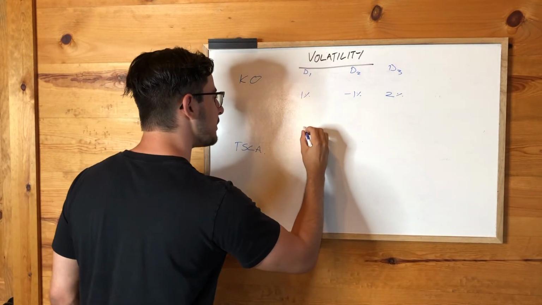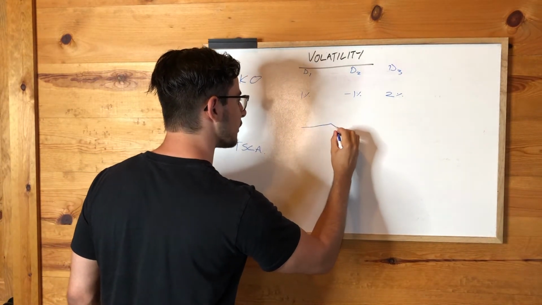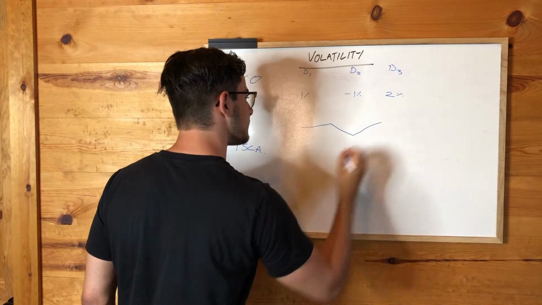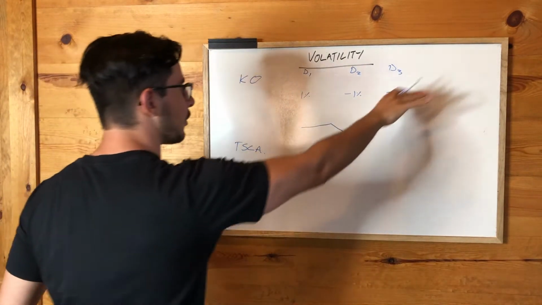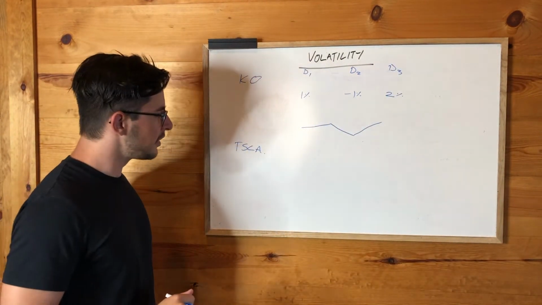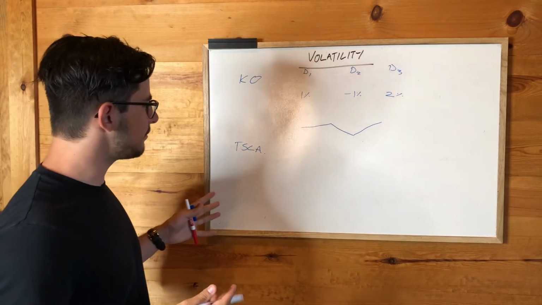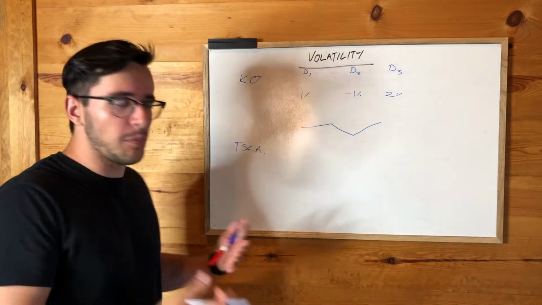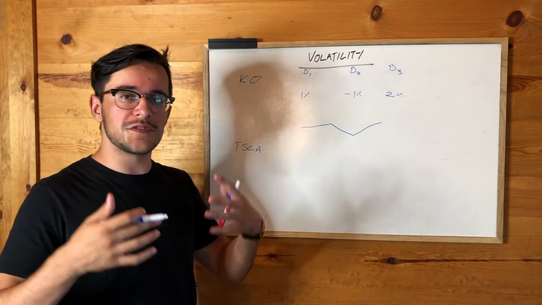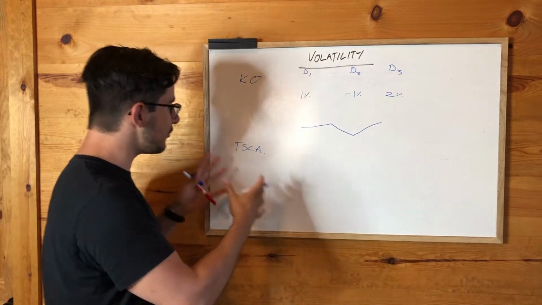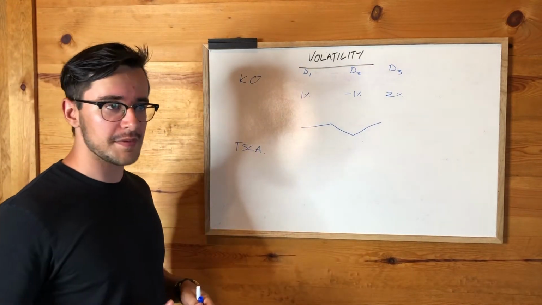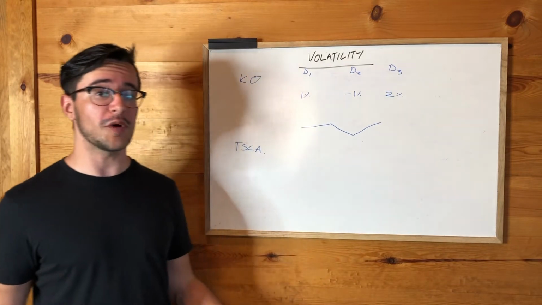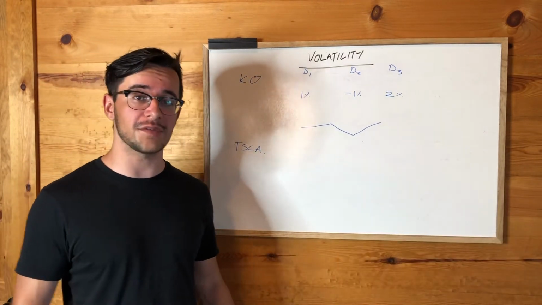And the chart for it would maybe look like this, right? It would go like this, and then it would go like this, and then it would go like this. And we'd see something like that, and it would keep going that way up into the future. But what if we looked at a company like Tesla? What would we see there? Well, from what we understand about Tesla is it moves a lot. There's a lot of movement on a day-to-day basis with Tesla. There could be a 10% move up in one day and a 15% move down the next day.